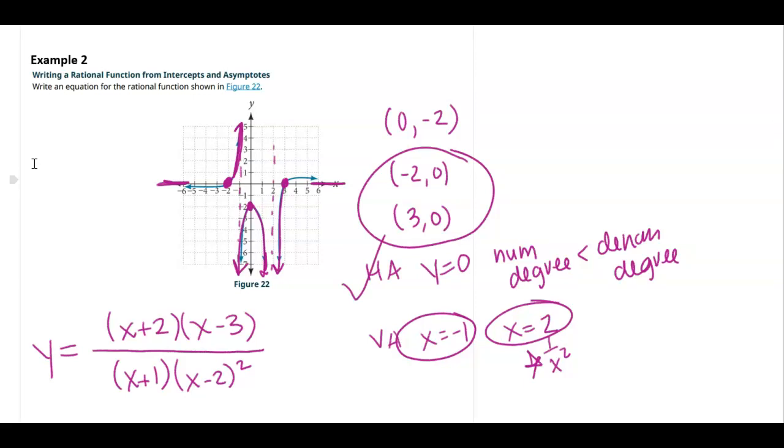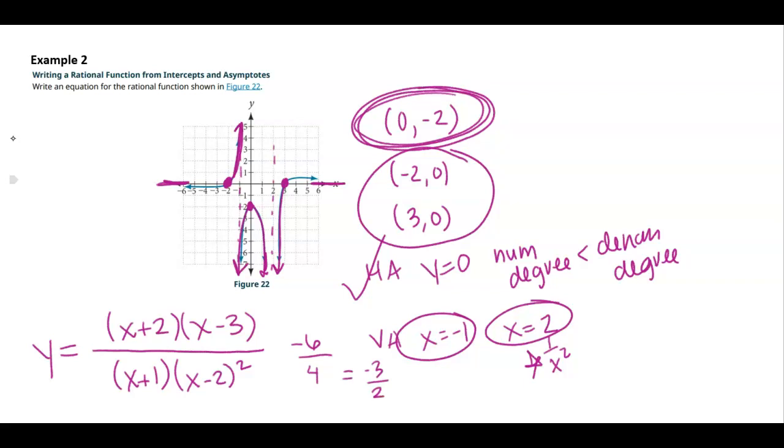Now let's double check and see when I plug in 0, do I get -2? If I plug in 0 in the top, I would get -6. If I plug in 0 in the bottom, I get 4. So I get -3 over 2.